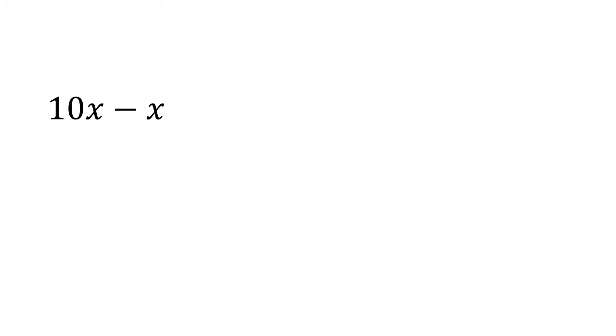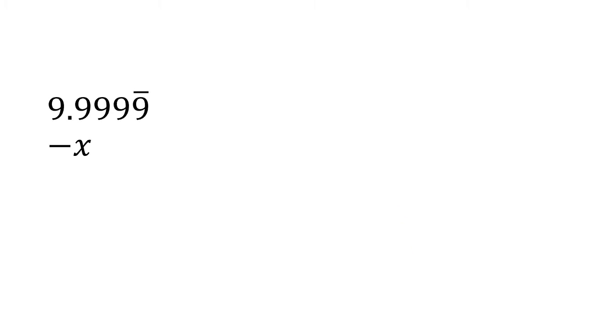Now let's see what happens if we take the difference of these two, meaning 10x minus x. Again, 10x is 9.9 repeating and x is 0.9 repeating. So when we subtract those two, we're left with 9. And 10x minus x is 9x.